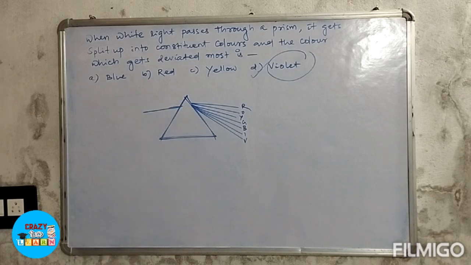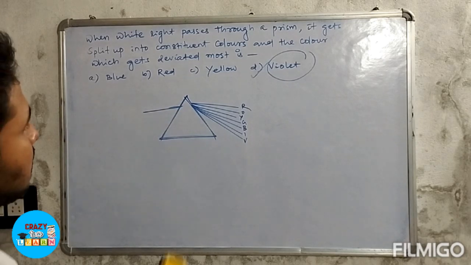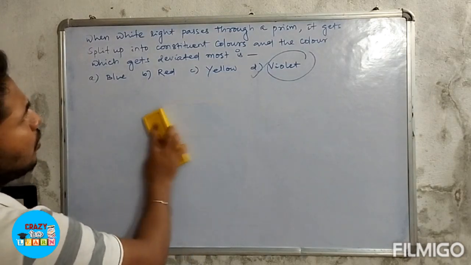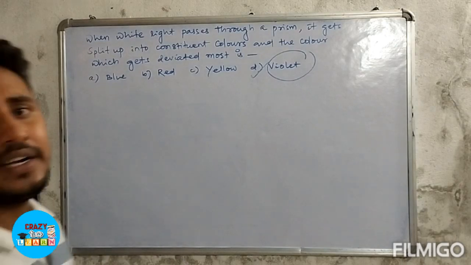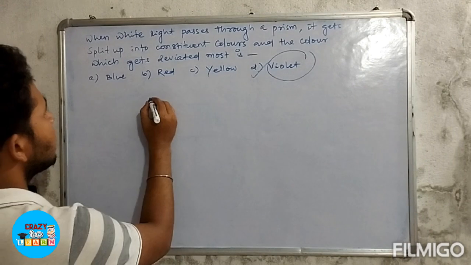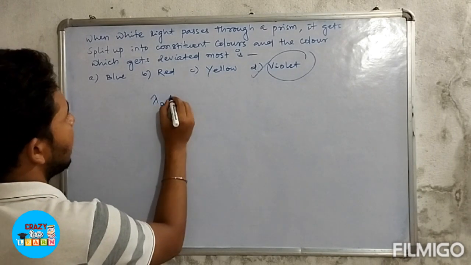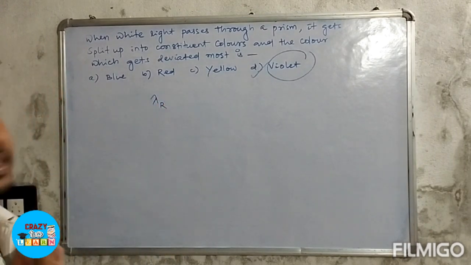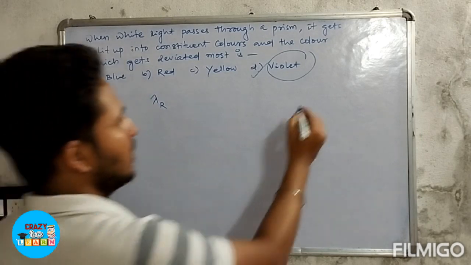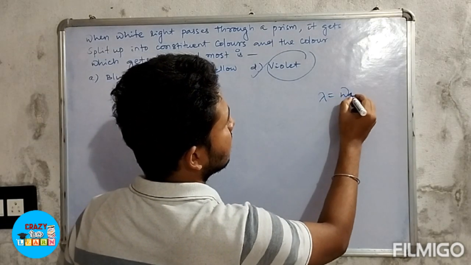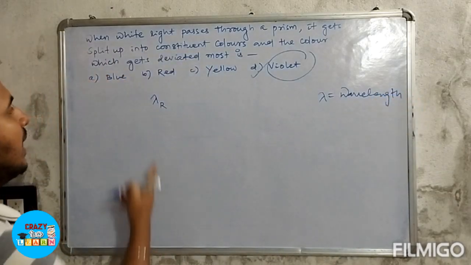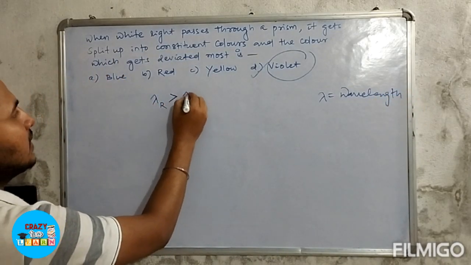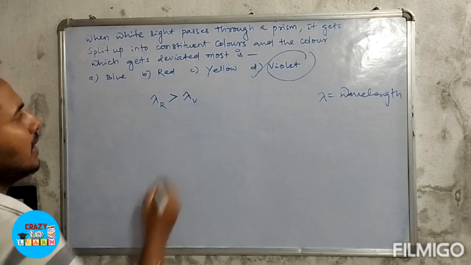You will say no sir, I need a proper explanation. So what is the proper explanation for this? You all know that the wavelength of the red light, lambda r, is maximum. Lambda is the wavelength. So wavelength for the red light is greater than the wavelength of violet.